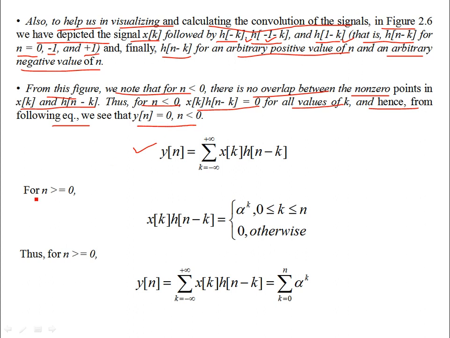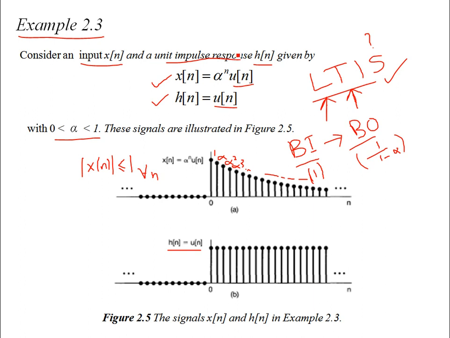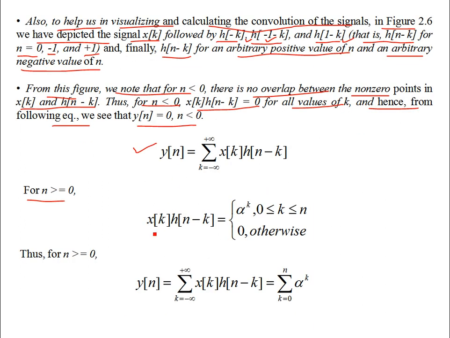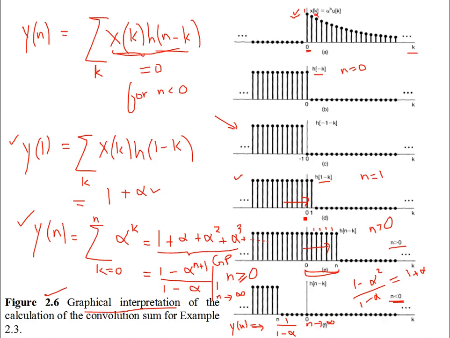Then, for n greater than or equal to 0, we have the expression, because x[k] is alpha^k, that is how it is defined. We usually define this in terms of another dummy variable k, let's say. So this becomes alpha^k, which has to vary up until n. This overlap is up until n.